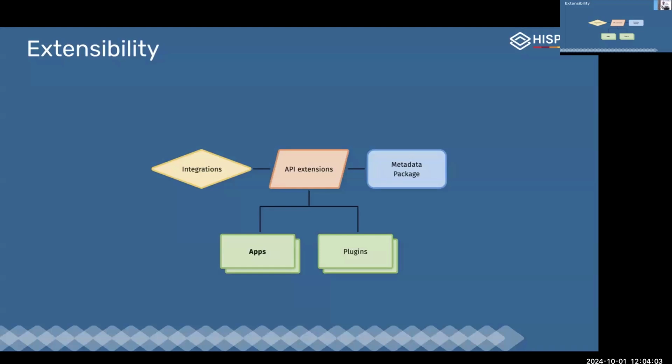DHIS2 offers as much flexibility to change as possible, but sometimes you need a different kind of layout to meet the end user's needs, or additional dashboards and all kinds of things. So the DHIS2 team has developed a way to allow all developers who know basic JavaScript to build their own custom app and install it into their DHIS2 itself.